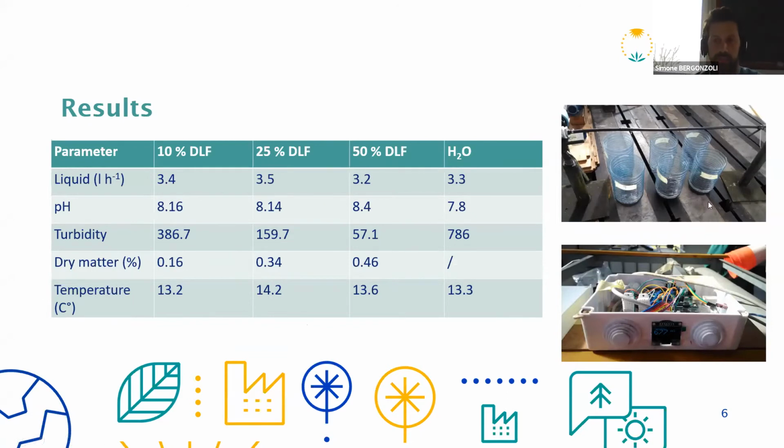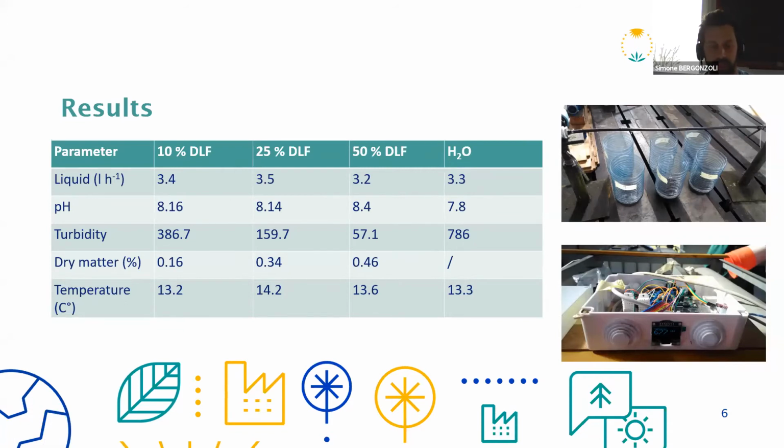Talking about the results, for the liquid irrigated, there is no big difference among treatments, even if the treatment with a dilution of 50% of wastewater showed less liquid emitted per hour.